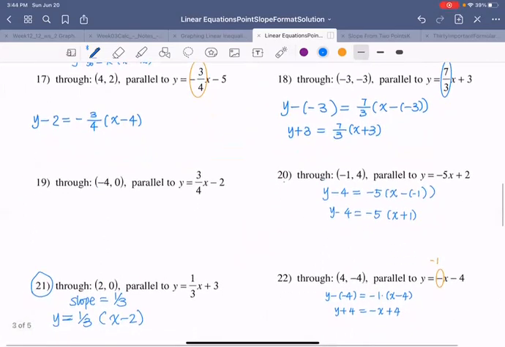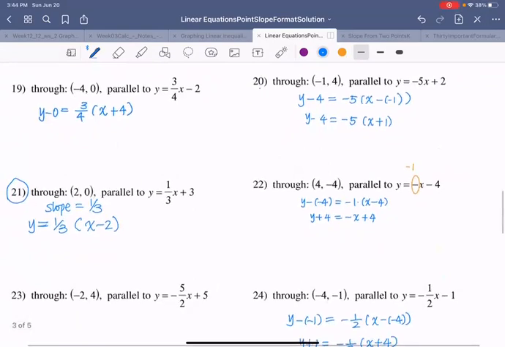Ethan, let's do number 19. You do y minus 0 or just y equals 3/4 times x minus -4. So this is 3/4 times x minus -4, right? So plus. Very good.